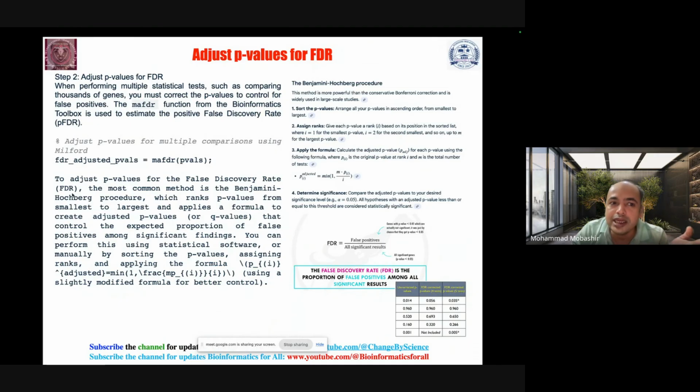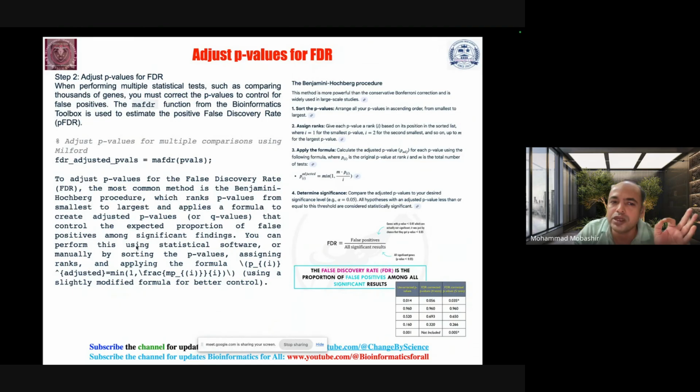Then, to adjust the p-values for the FDR, the most common method is the Benjamini-Hochberg procedure, which ranks the p-values from smallest to largest and applies a formula to create adjusted p-values, or q-values, that control the expected proportion of false positives among significant findings.